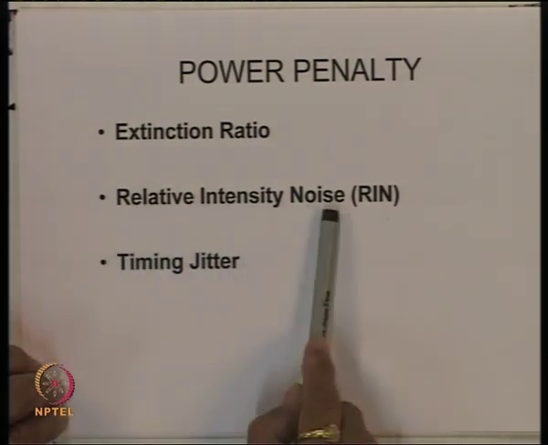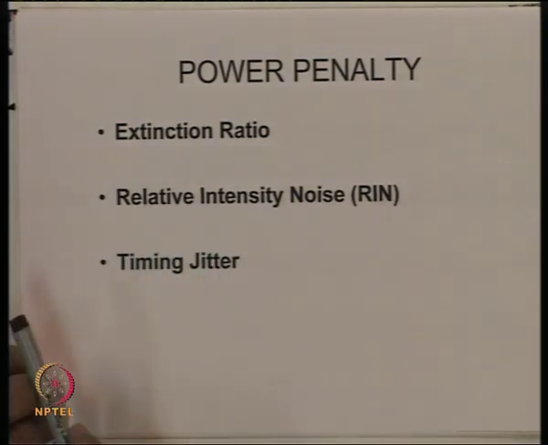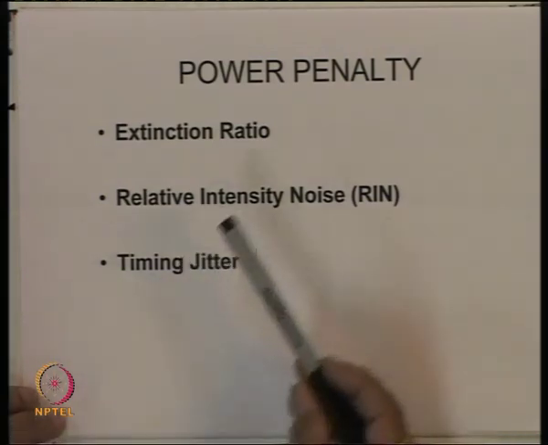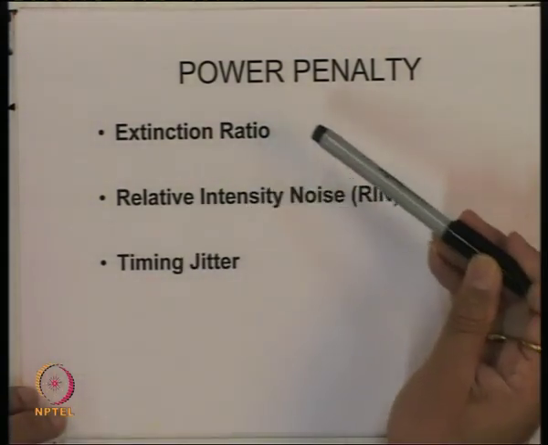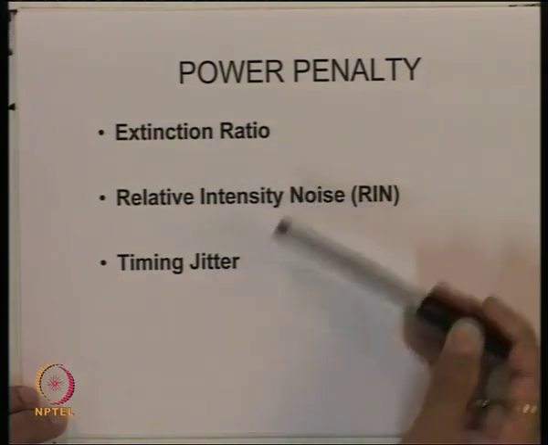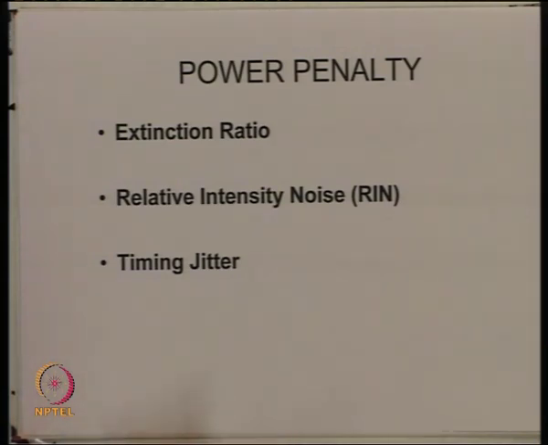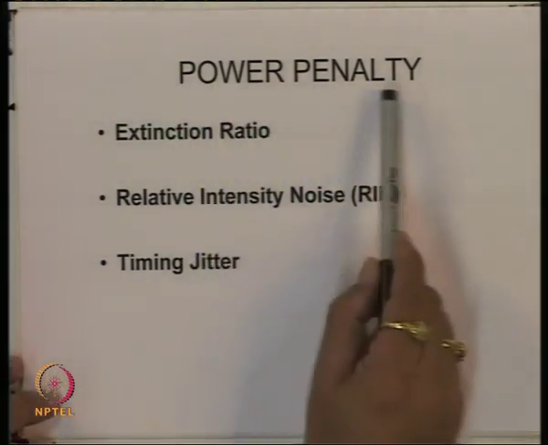Relative intensity noise, what we call RIN, that is related to the laser noise at level 1, and then because of the inaccuracy in the clock, there is always the jitter, and because of that we have statistical fluctuation in the signal. So, we are asking, if the receiver had deviated from ideal conditions because of this, how much extra power has to be added, and that is the quantity we call the power penalty.